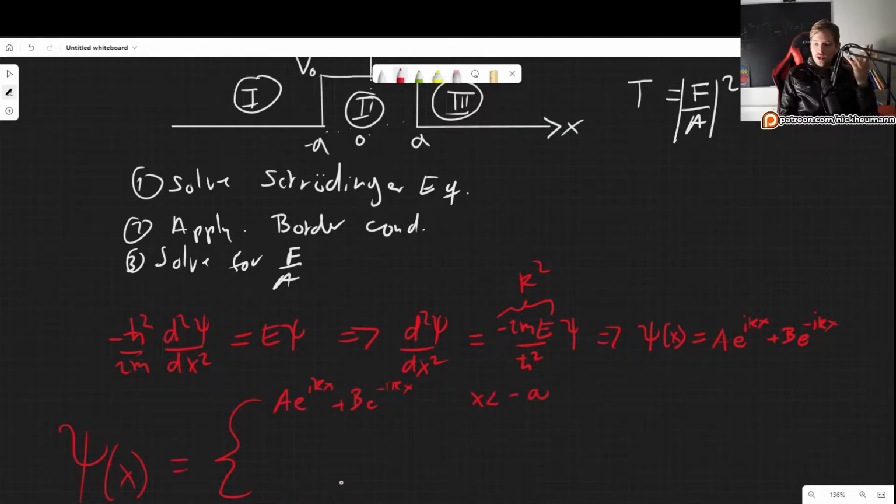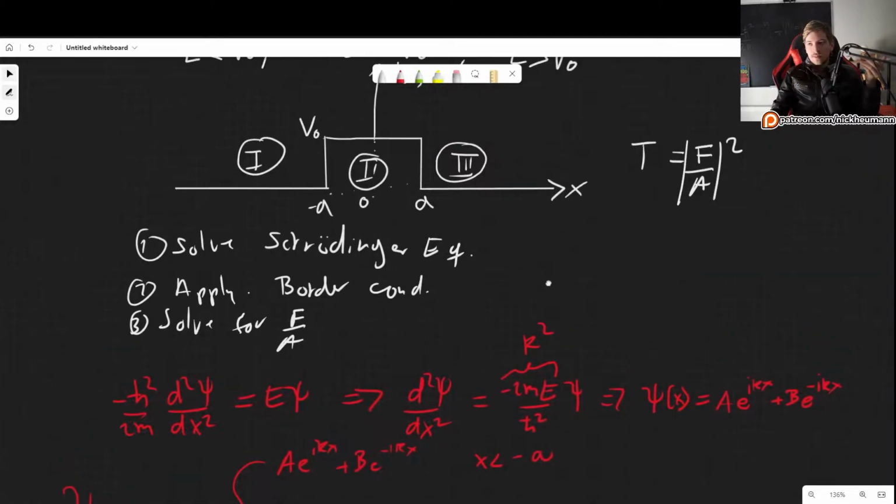In region 3, which is when x is greater than a, over here, in that region, we will have some transmitted part, or maybe not, depends on how strong our potential is, but we could have a transmitted part. So we will have some F e^(ikx), but we will not have anything traveling to the left, because how could we?